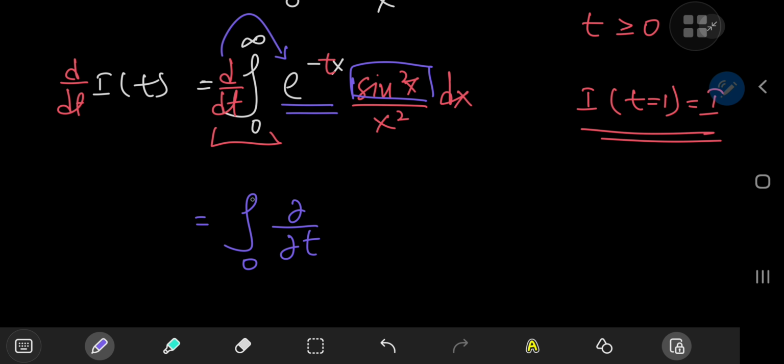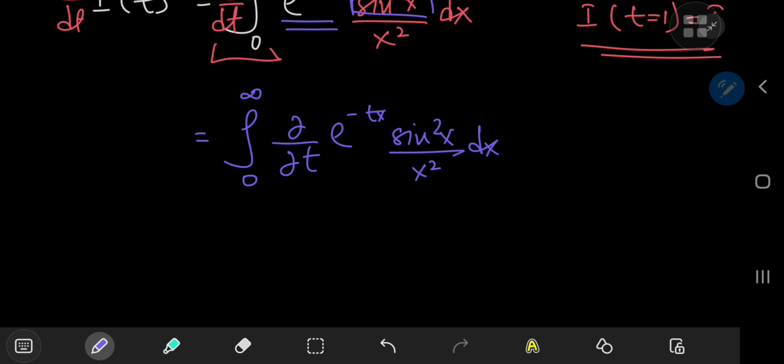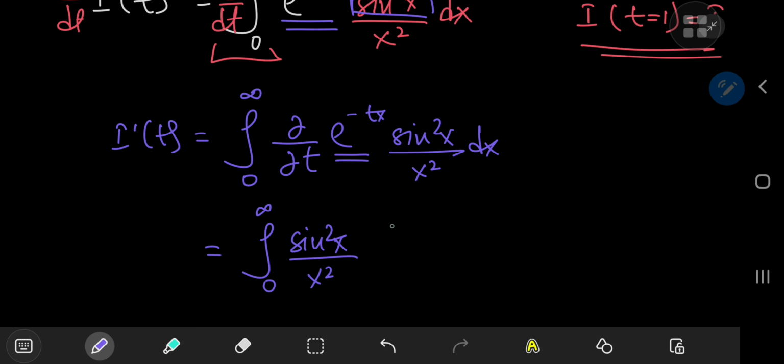So we have the integral from 0 to infinity of the partial derivative with respect to t of e to the negative tx times the square of the sine of x divided by x squared dx. And because we're differentiating partially with respect to t, that means all the x terms in the integrand are just constant. So we have the square of the sine of x divided by x squared, and differentiating with respect to t here gives us e to the negative tx, and because of the chain rule, you have this extra factor of x here as well.